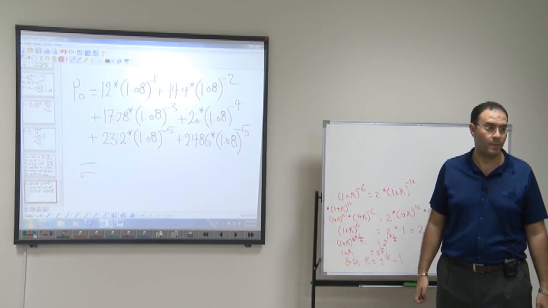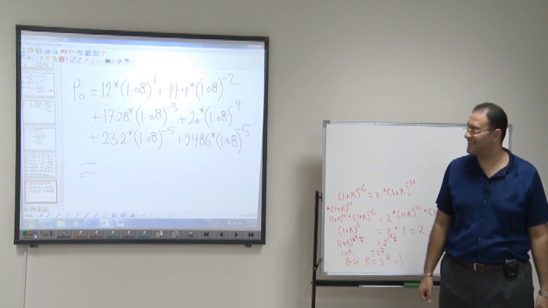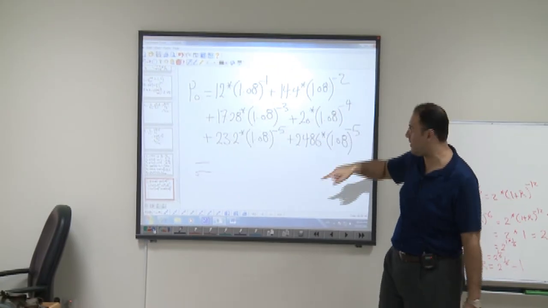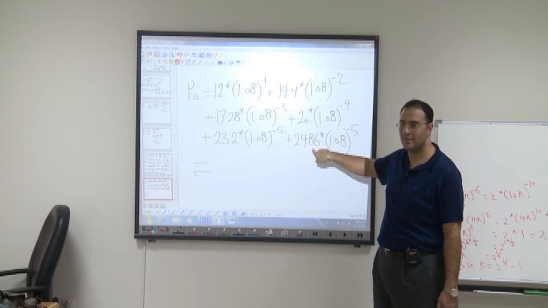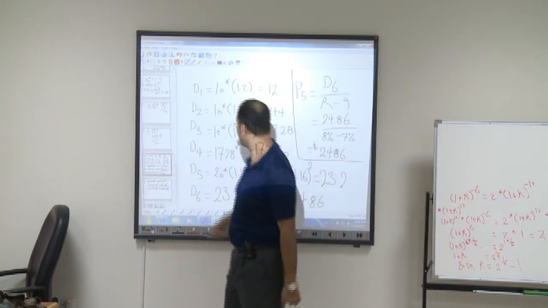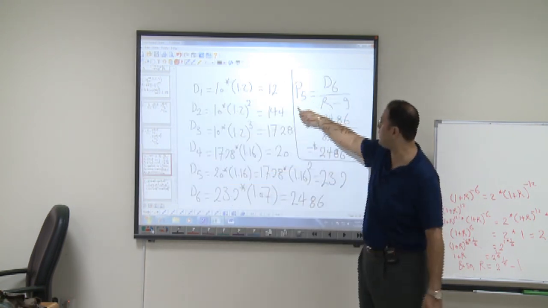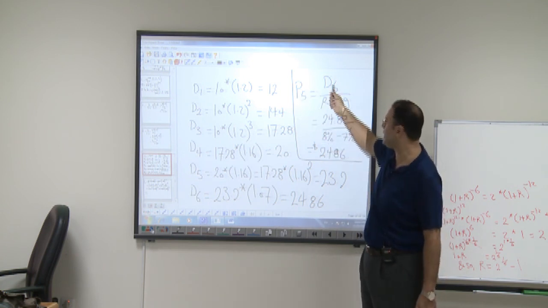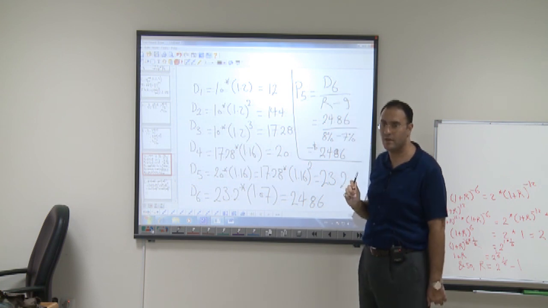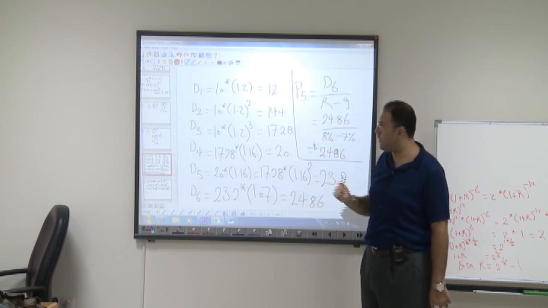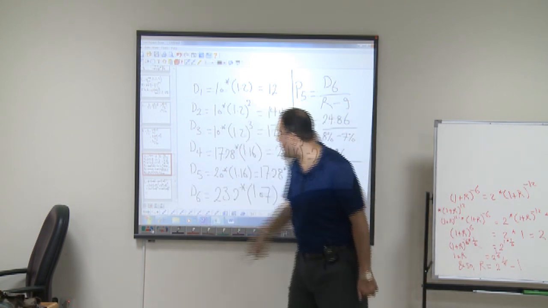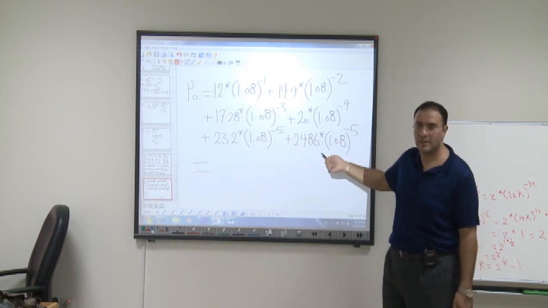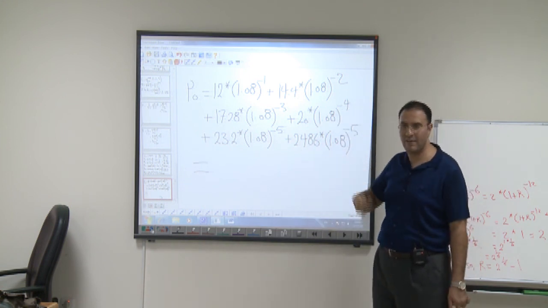I'll leave this as homework. But why do we put P5 here, not D5, not D6? D6 is not going to be here because we use D6 in order to compute P5. But once I have P5, I don't need D6 anymore. But we should multiply P5 by the discount factor, of course, because P5 is a promised benefit. You're entitled to P5 after 5 years.